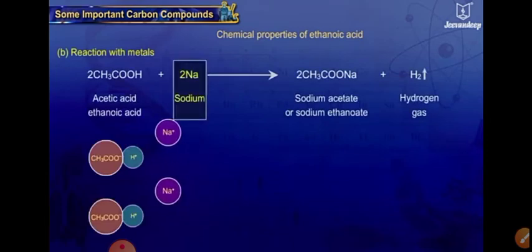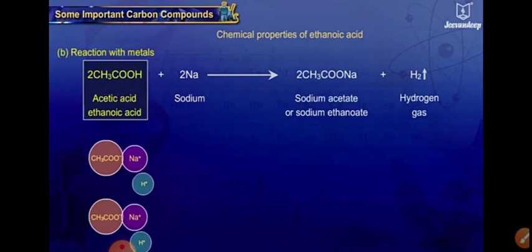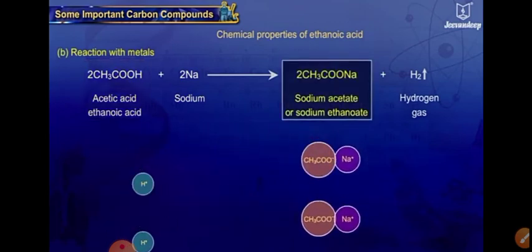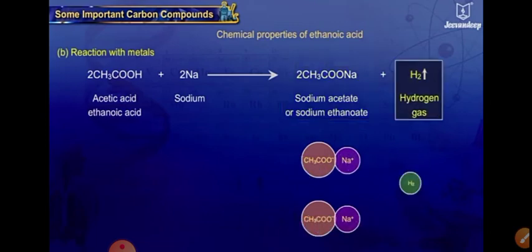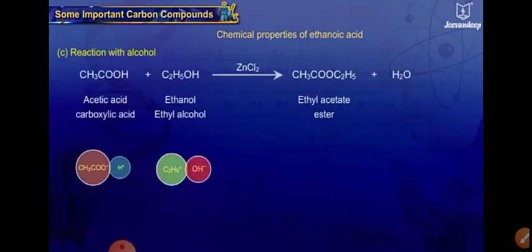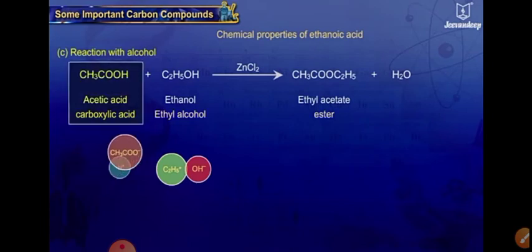When acetic acid, which is ethanoic acid, pairs with sodium, we get sodium acetate or sodium ethanoate and hydrogen is liberated. Reaction with alcohol. When carboxylic acid pairs with ethyl alcohol, ethyl acetate forms, which is an ester.